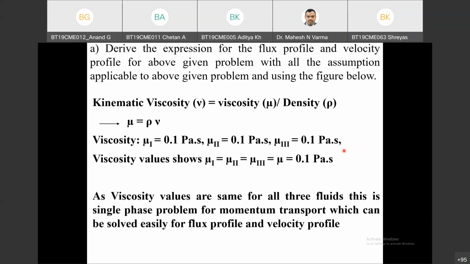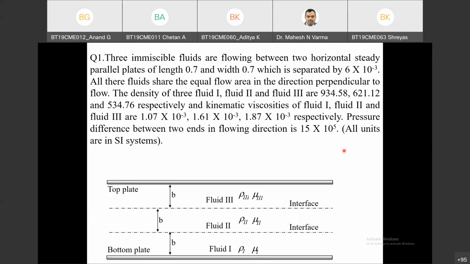Yes, sir, like 10 raised to minus 3 was there. I also got 1 Pascal second. Yeah, 1 Pascal second, kg per meter cube and 10 raised to minus 3.